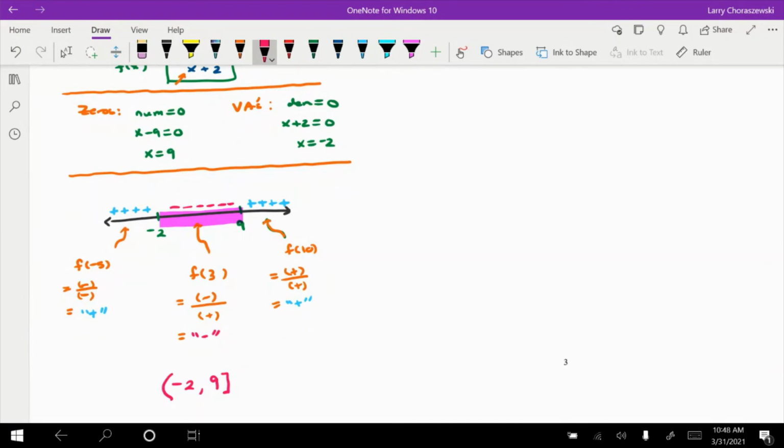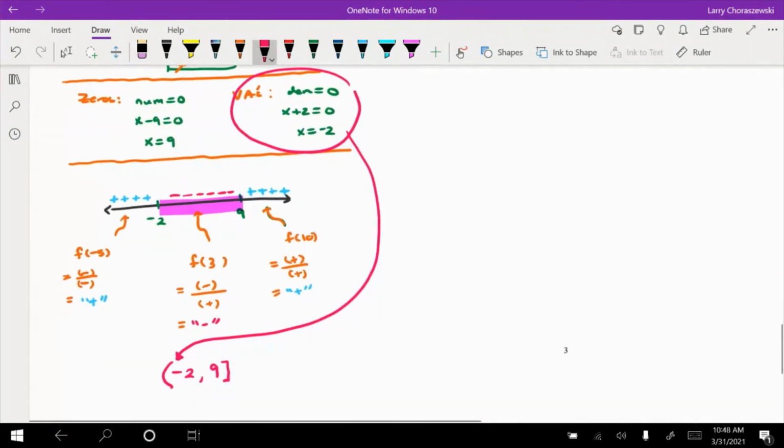But there's a reason why I didn't put a bracket on -2. The reason for that is because -2 is a vertical asymptote. Okay, so again, -2 is a vertical asymptote, which is why I used a parenthesis instead of a bracket.